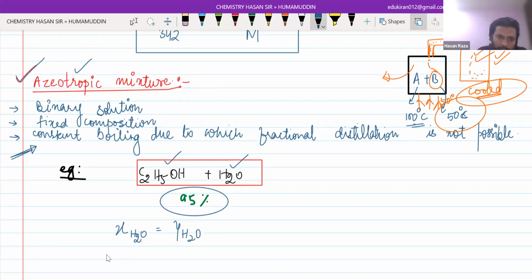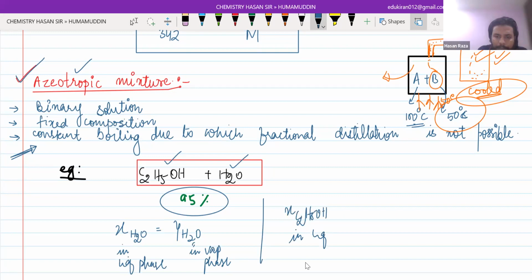Y is also representing the mole fraction, but this is in liquid phase and this is in vapor phase. In the same way, the mole fraction of ethanol in liquid phase will be equal to the mole fraction of ethanol in vapor phase.